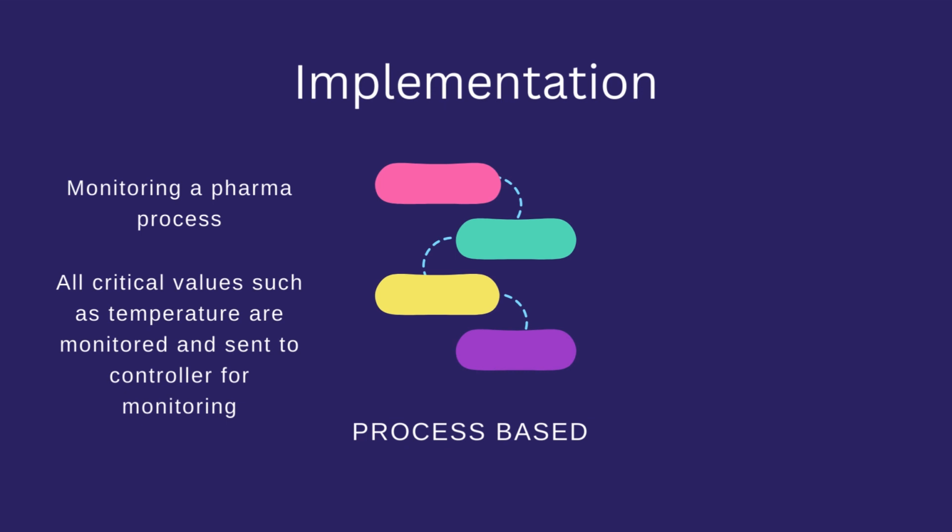For process-based monitoring, sensors are installed across all the critical steps of the process and record all vital variables. These values are then sent to the central controller for analysis and monitoring. An example of process-based monitoring includes the filling process, which is monitored for variables such as fill volume, pressure, and sealing.